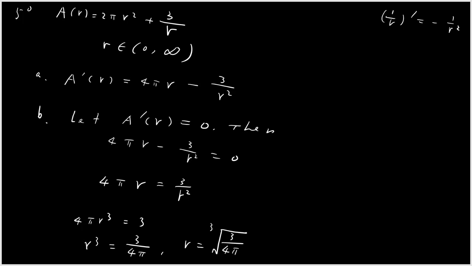We round the number to two decimal places. So this is approximated by 0.62. That's the critical number.